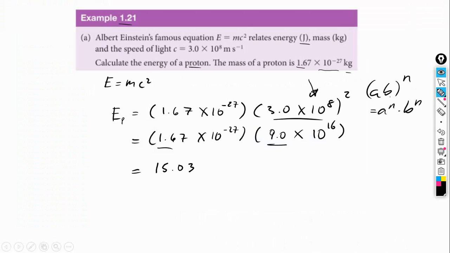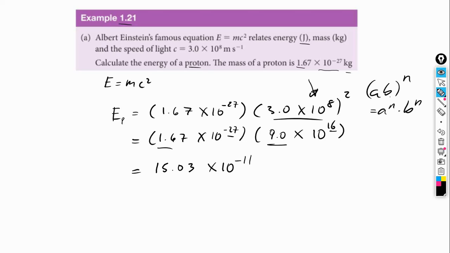So we get 15.03 times 10 to the power. And notice that here we have exponent 16 and exponent minus 27. Now the deal here is that because it's a multiplication, we should add the exponents. So we're going to add negative 27 plus 16, which would give us negative 11.